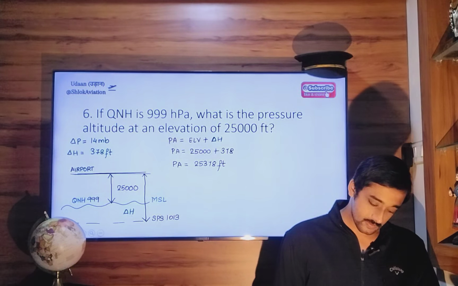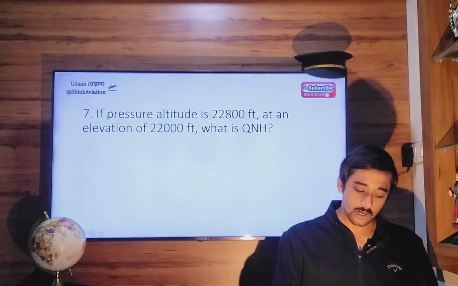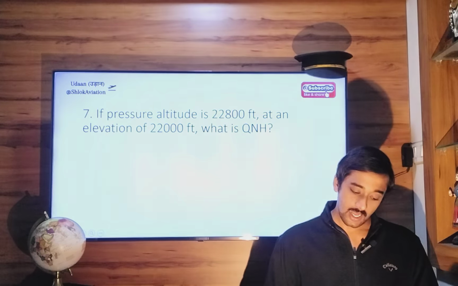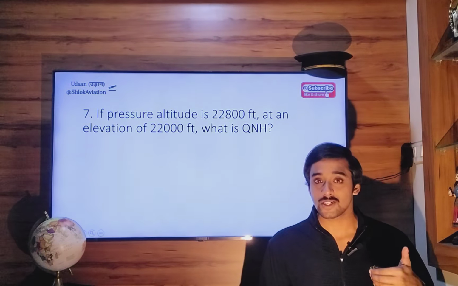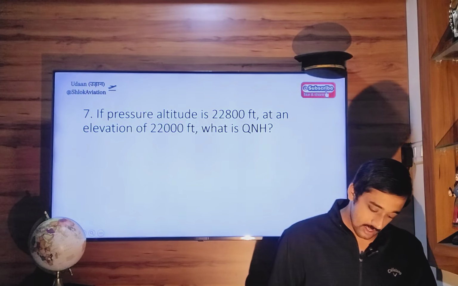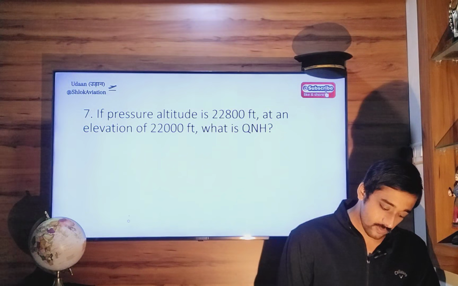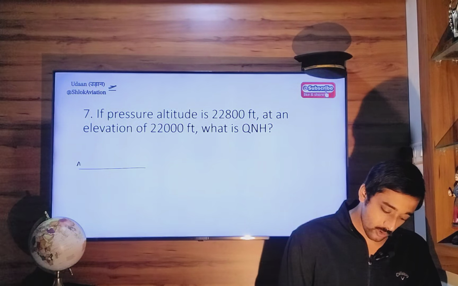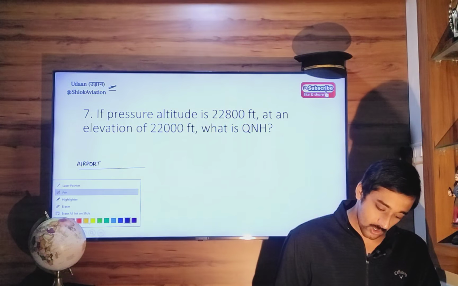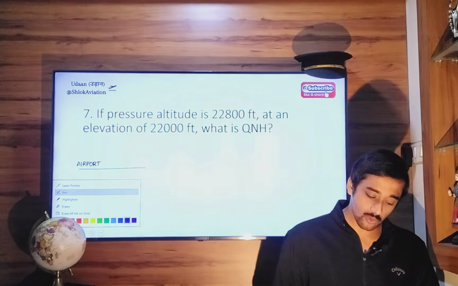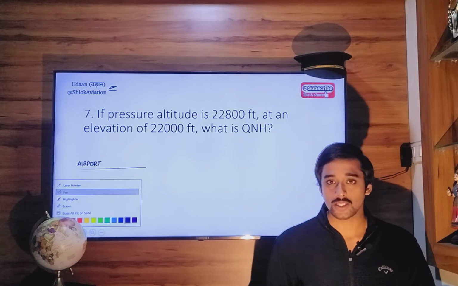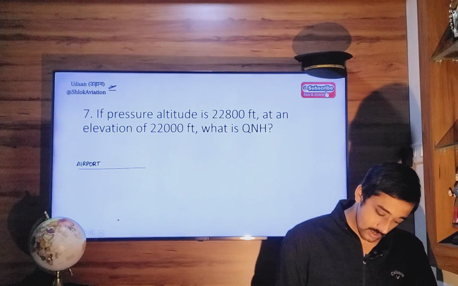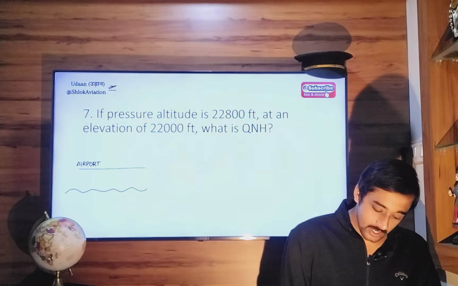Okay, easy. 7. If pressure altitude is 22,800 and elevation is 22,000, what is QNH? Now this particular question is the reverse of the previous question. So the concept remains the same. Let's consider this is your airport. Now pressure altitude is more than elevation. That means QNH is less than standard pressure setting 1013. So let's say this is your QNH.